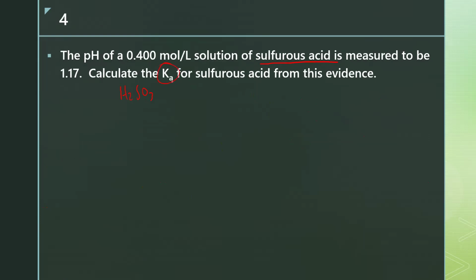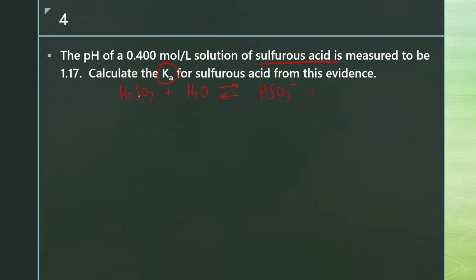That's how we dig out a Ka value to begin with. Ka and Kb are found by ionizing your acid or your base. Ionizing it just means mixing it with water. So if we mix H2SO3 with water, this is going to become an acid ionization reaction, which according to Bronsted-Lowry would mean that we have to lose an H from this H2SO3, which would drop it down to HSO3 negative.